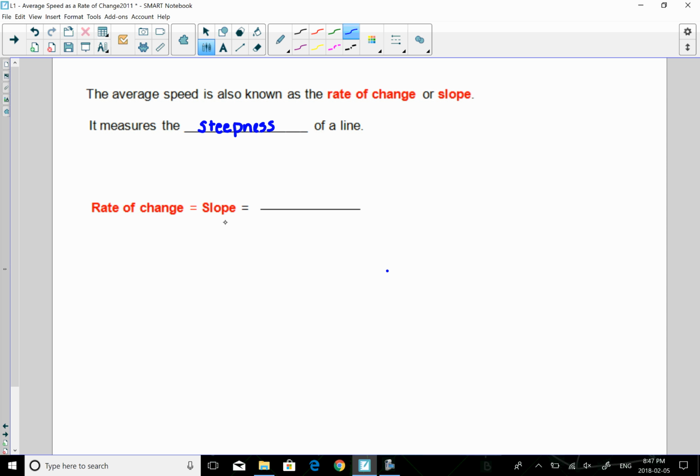Rate of change, also known as slope. Sometimes we use little m for slope. Again, it's just the change in the dependent variable. So this triangle represents change.